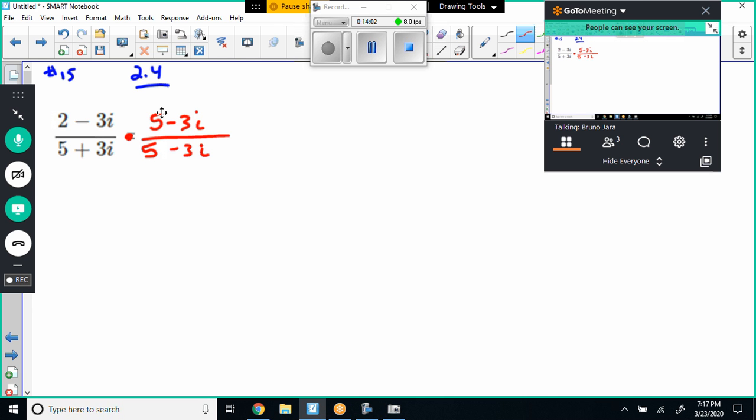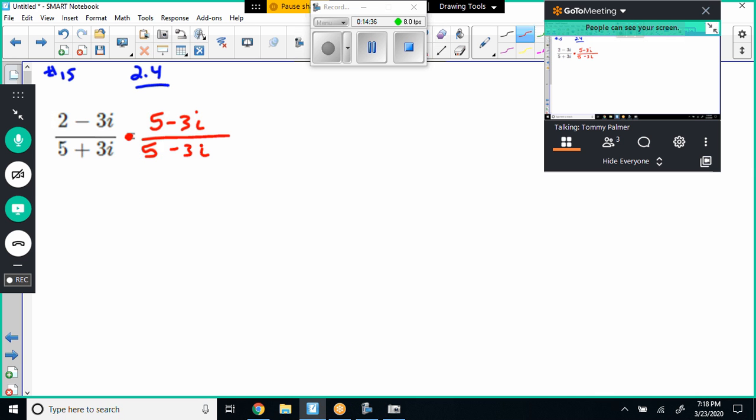Yes, I'm sorry. It will always be the conjugate of the denominator if it's a binomial, right? Like this, 5 plus 3i, the conjugate would be 5 minus 3i. And it's the second term that has its sign changed. And the reason for that is based off of the difference of squares in polynomial theory. When you have a difference of squares, you have no linear term, right?